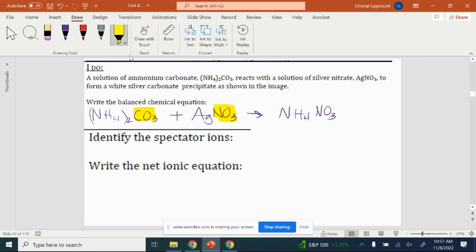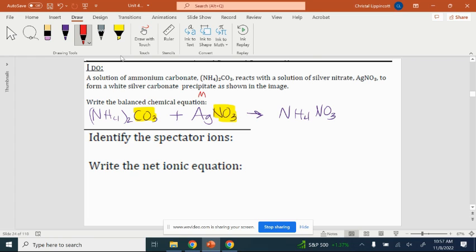Why do they switch? Should the 2 stay with the NH4? Does the subscript stay? No. And you know those guys are negative and positive just because you just remember it. Well, this is an ionic equation. This is a metal.